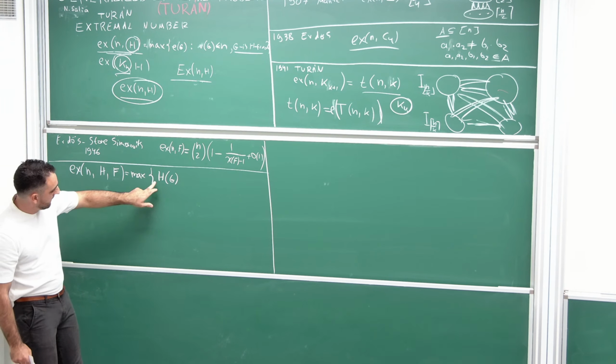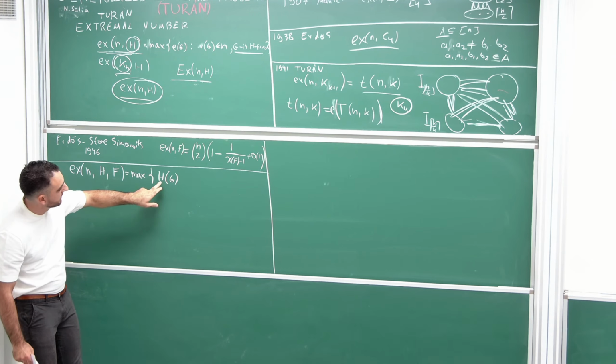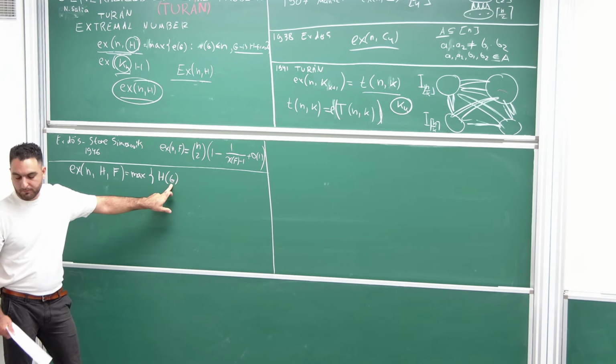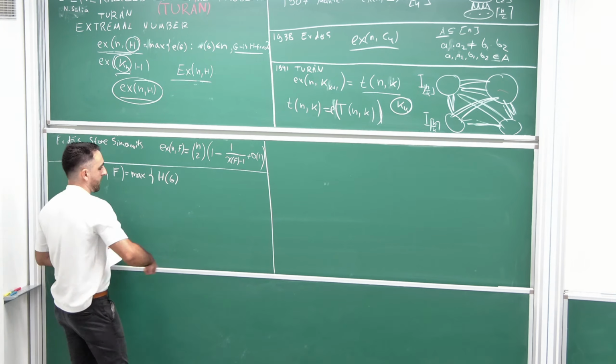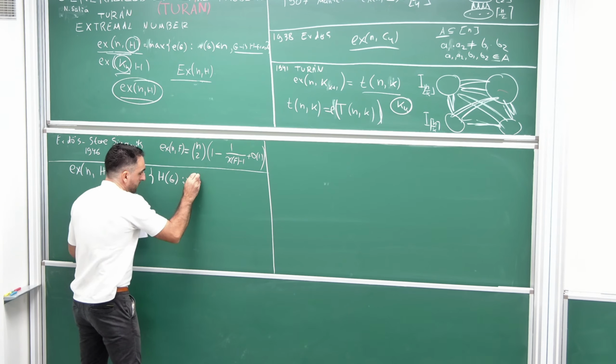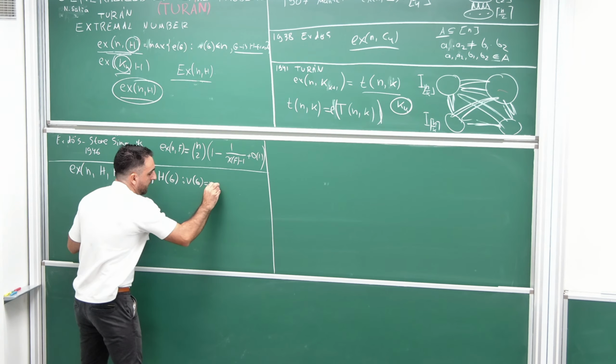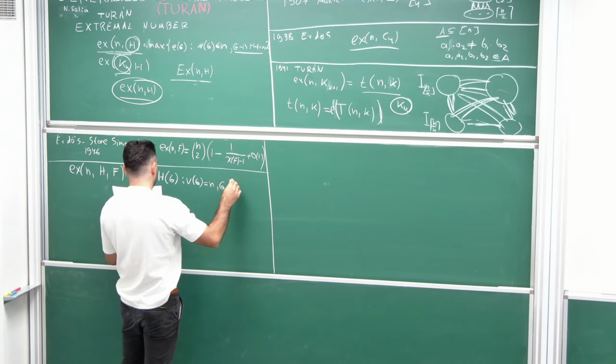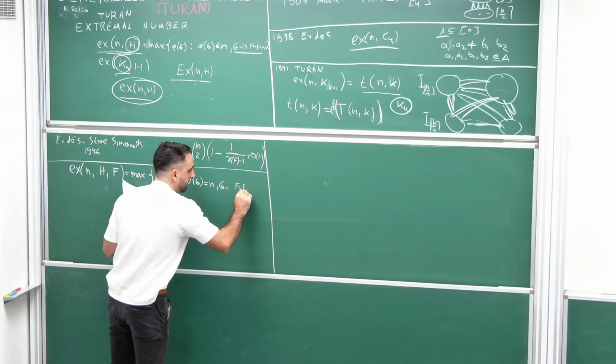Let me say that this is a function which counts the number of copies of H in G, where the vertex set of G is n and G is F-free.